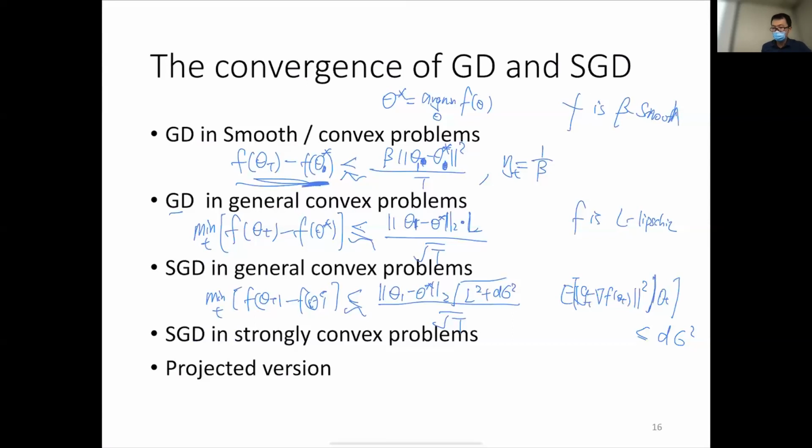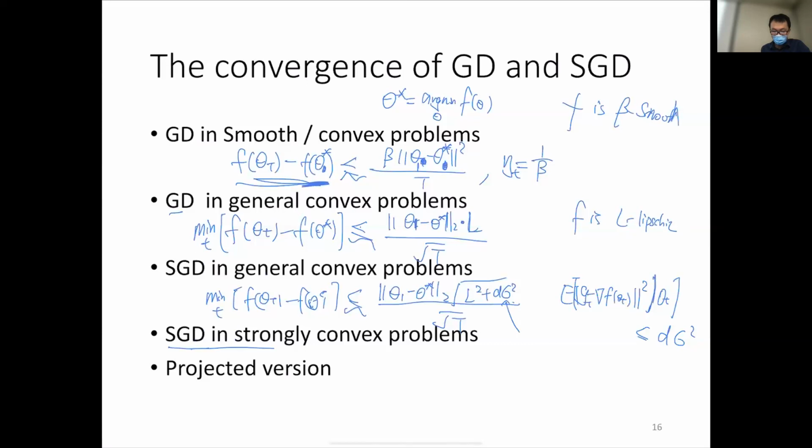So the additional stochasticity comes as an additive term in the numerator. Suppose we have noise, this algorithm still converges, it doesn't affect the rate of convergence, but it affects a constant. It affects the number of iterations that it takes for you to get to the epsilon solution.